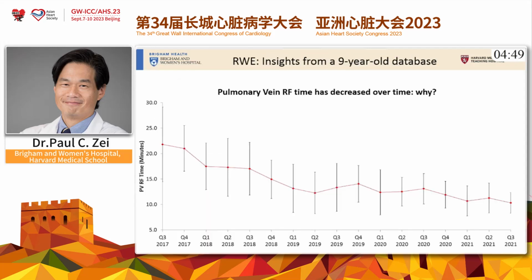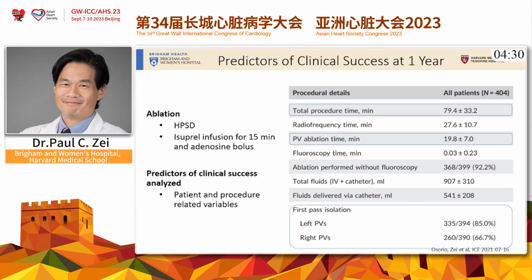So what have we been finding with this? Using a high volume center, high operator volume, low fluoroscopy approach to ablation, we see, first of all, a continual decrease in ablation time over several years. We see very good clinical success, and I'll show you some of the data there. But we started asking questions. What are different centers doing differently that may help to improve outcomes?